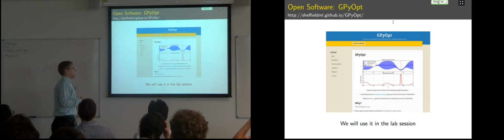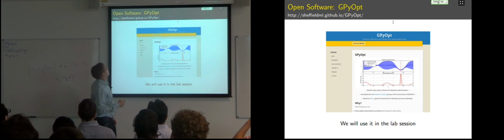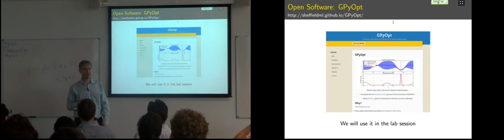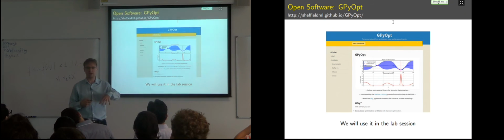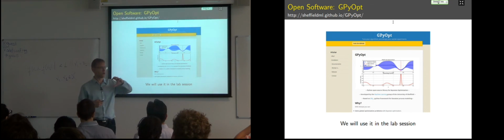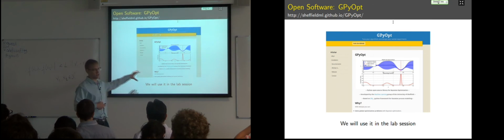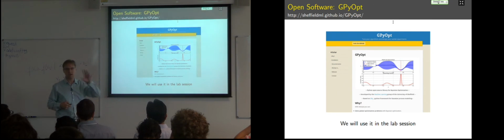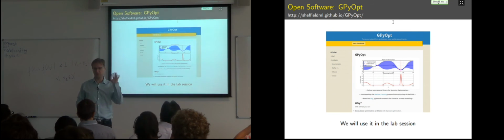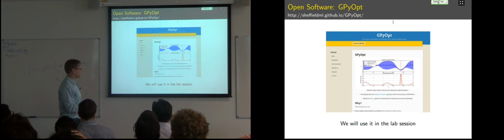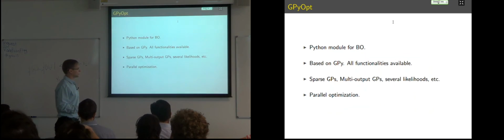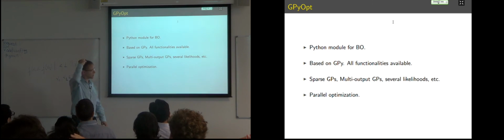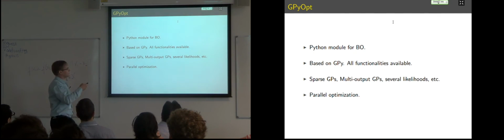So, open software. This is something that we are building here on top of GPy. We have called it GPyOpt. I guess some of you have already downloaded it on your computer. We will use it in the lab session today. So what is all this about? Basically, GPyOpt is a module for Bayesian optimization.